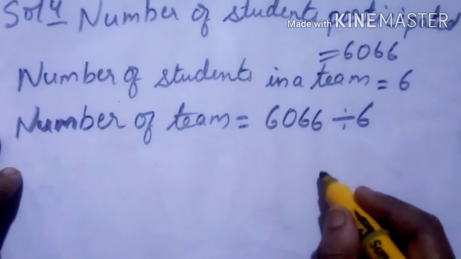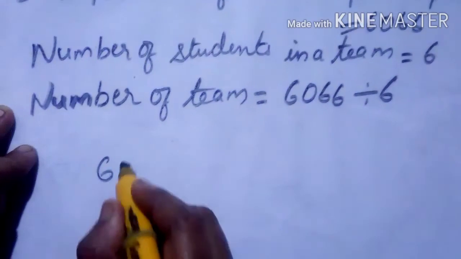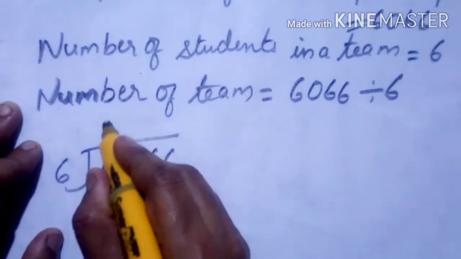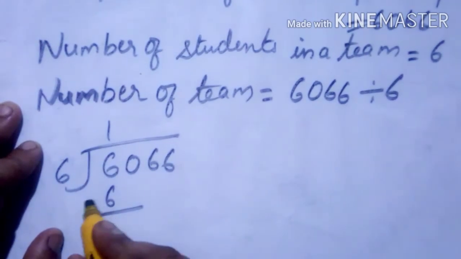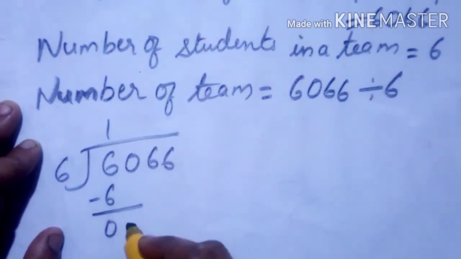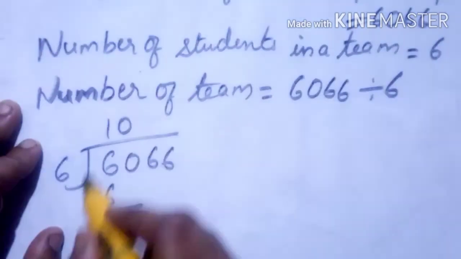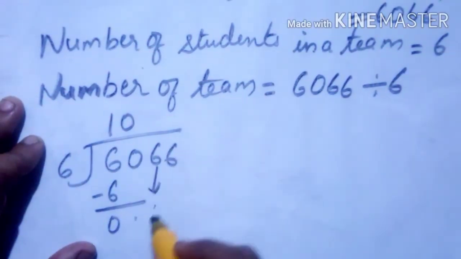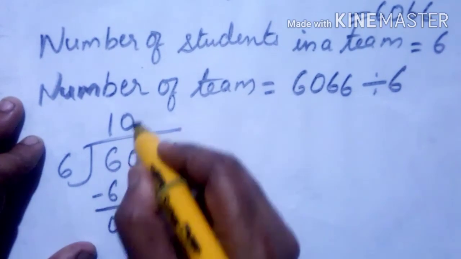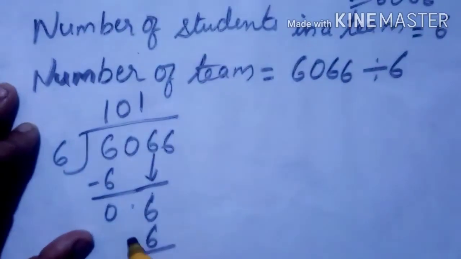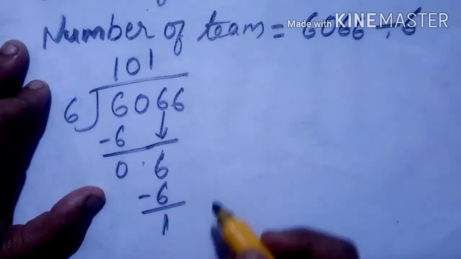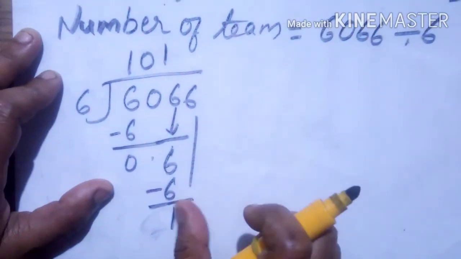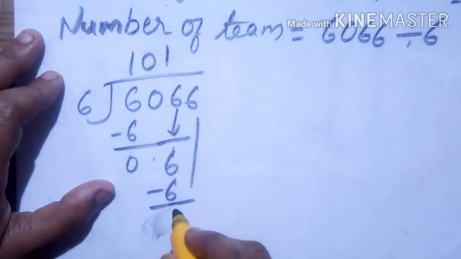Okay, let us divide 6066 divided by 6. 6 1 times 6, minus, get 0. This 0 you have to take it up. Then here bring this 6 down. 6 1 times 6, minus, 0.